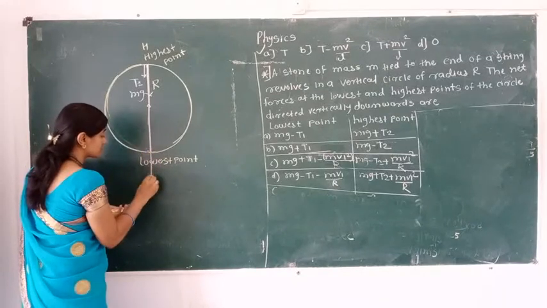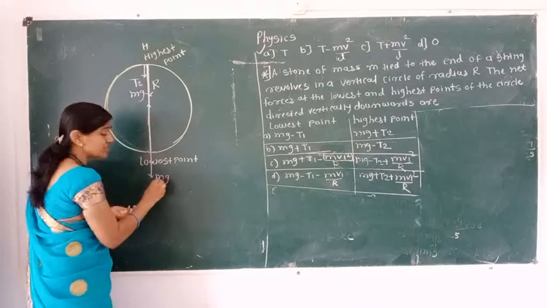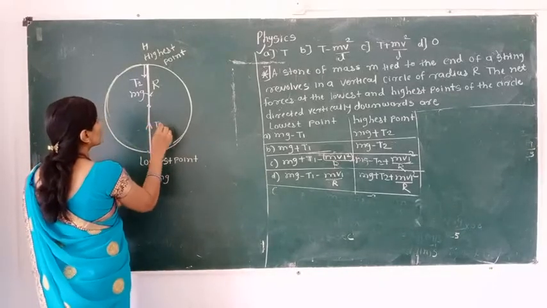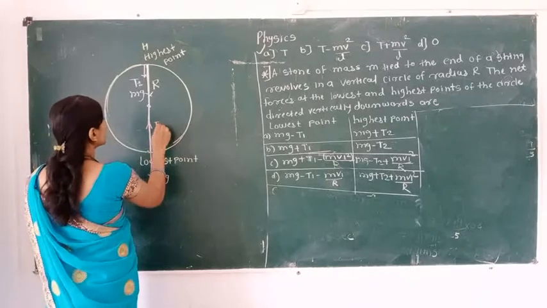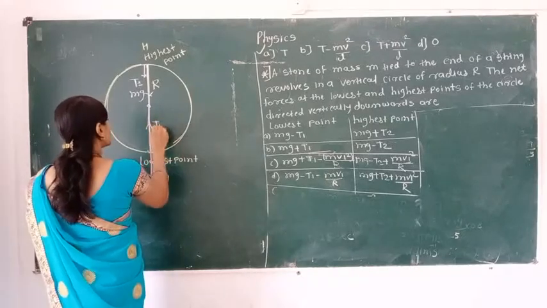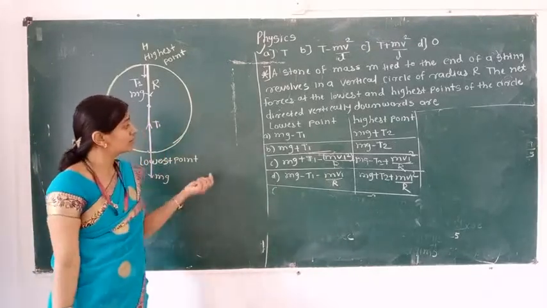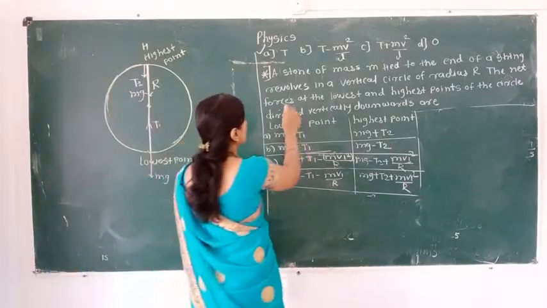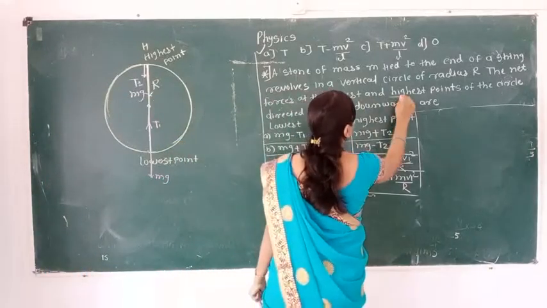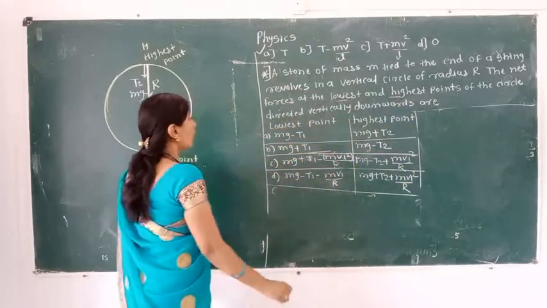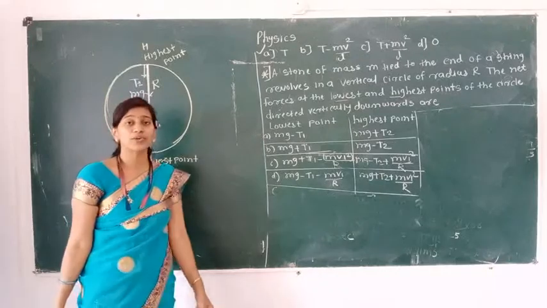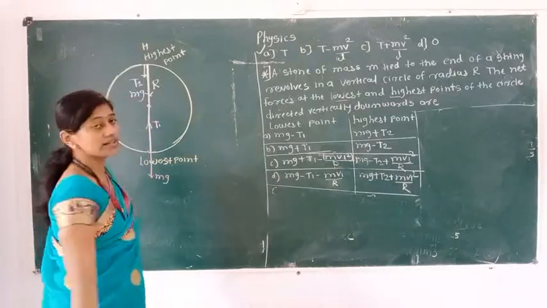Here two forces present there, mg is vertical downward, another is the tension toward the center. So here tension is T1 is given here. Okay, now here we have to find out the values of that forces. See there, very important thing is that the forces at the lowest and the highest points of the circle directed vertically downward. They both are directed vertically downward, and in this case we have to find out their values.